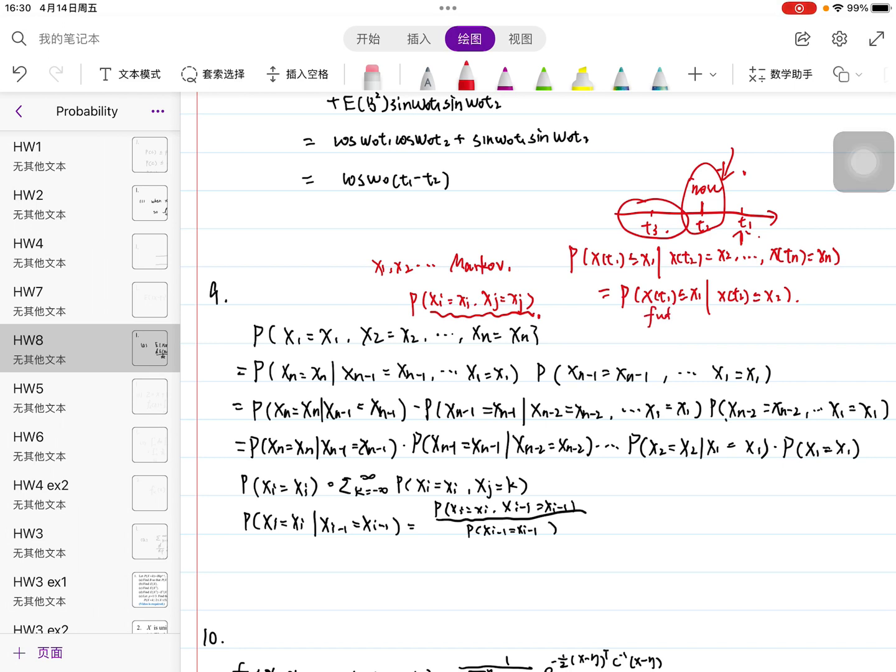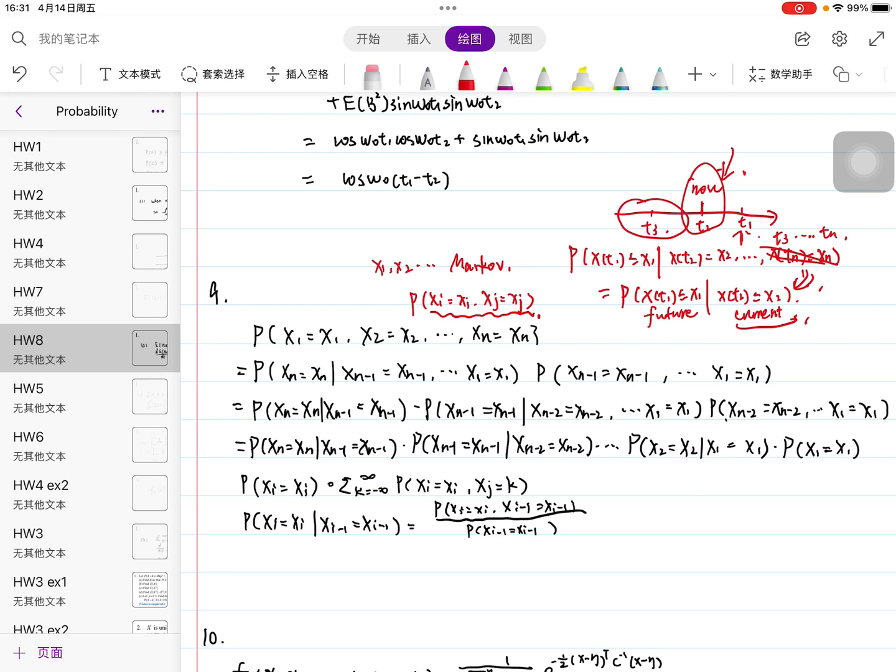So that is the future, and we know the present value, current value here. So the past value have no influence on this. So we could just omit all those t3 to tn here. So that is our Markov process characteristic.